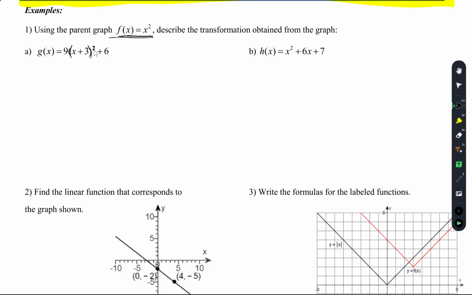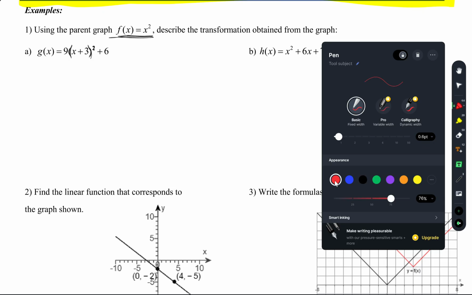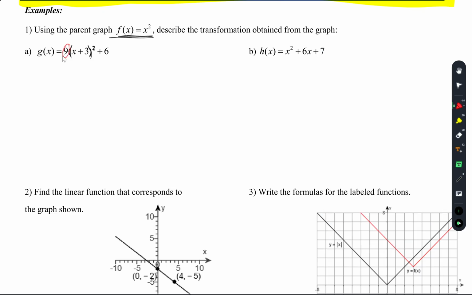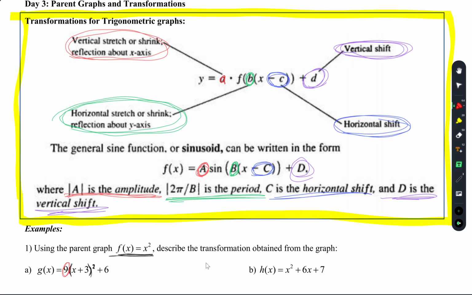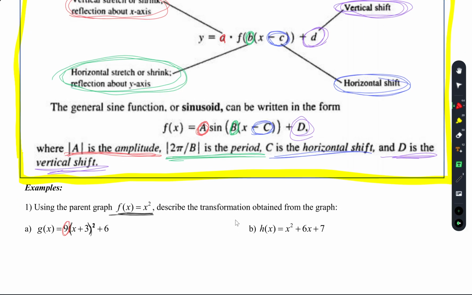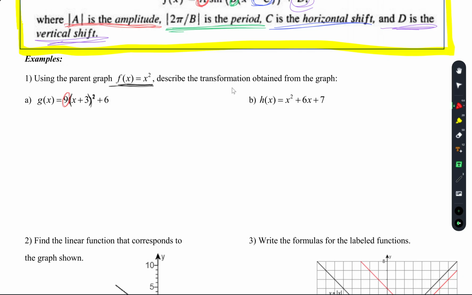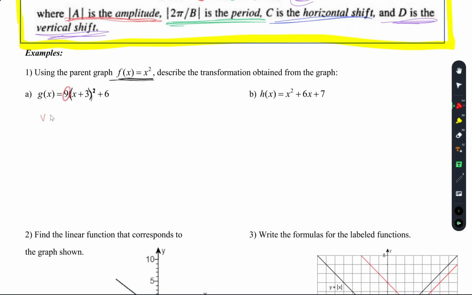You've got a number outside the parentheses, a 9. If you look at your golden box of knowledge, that's your vertical stretch or shrink. Since it's greater than 1, it's going to be a stretch. So you're going to think of this parabola as pretty skinny.